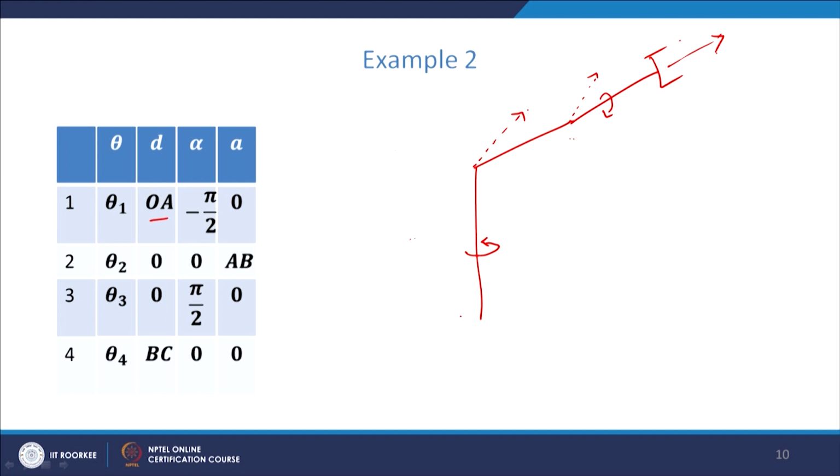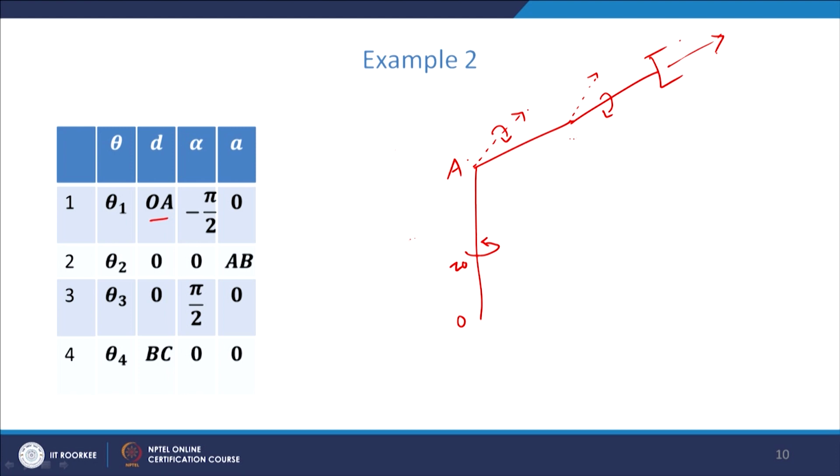So, first let us consider the first stem OA. It is having a revolving axis. OA is the axis of revolution, and we call it the Z0 axis. Then at the joint A, there is an axis of rotation which will be the perpendicular line to the Z0 axis.